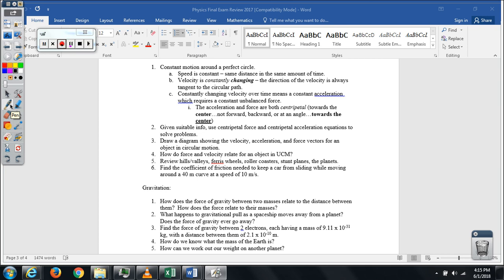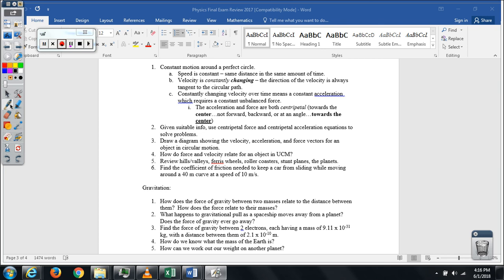Because it's a perfect circle and you're moving with the same speed, you are changing your direction at a constant rate. If you're changing your direction at a constant rate, you're also changing your velocity, despite the fact you might be keeping your speed the same. Velocity is speed and direction. So if either one of those is changing, you're accelerating. You might be maintaining the same speed, but you are accelerating in a circle due to the fact that your direction is changing.